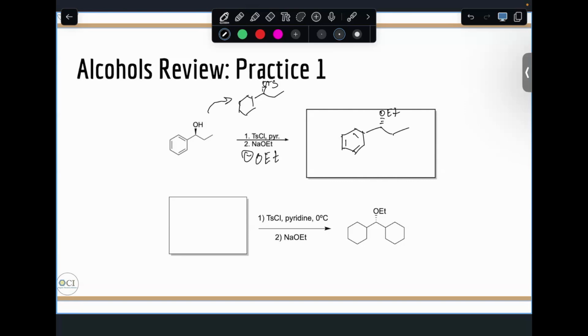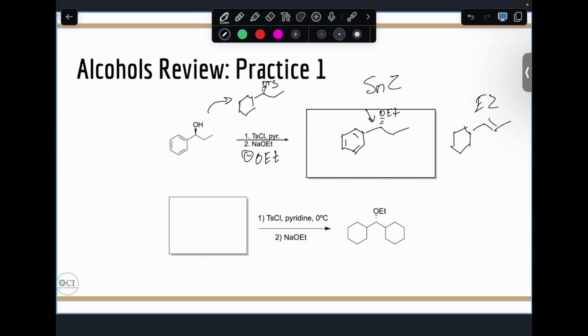It could also do an elimination reaction. It would actually favor an elimination reaction. But in this case, we're just asking for the substitution product. So the other product that could form would be that. And we get that inversion of stereochemistry because it's an SN2 or an E2.